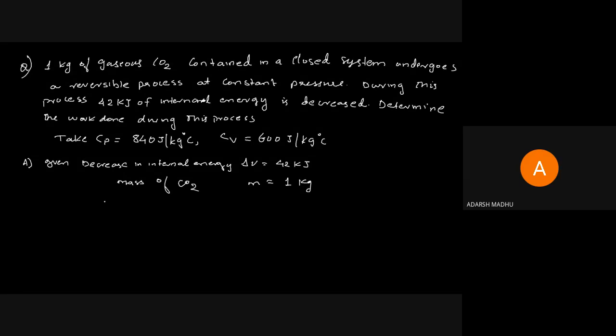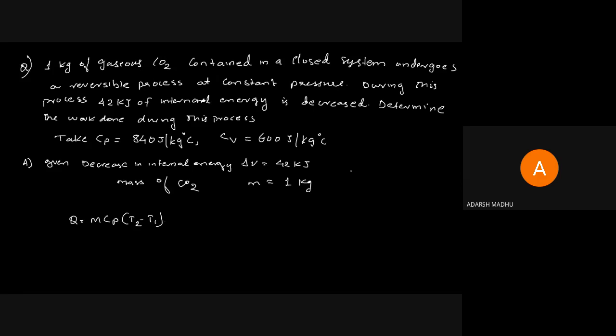Okay, right. Very good. We know that Q equal to m Cp (T2 minus T1), or m Cp delta T. The values of T2 and T1 are not given.